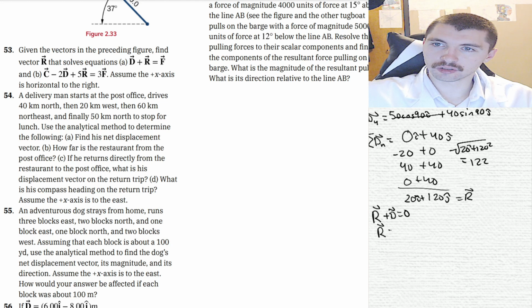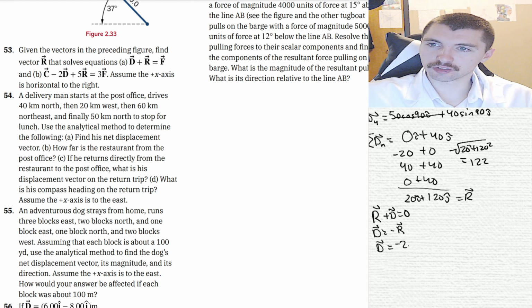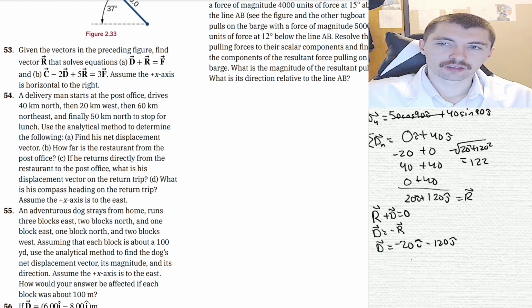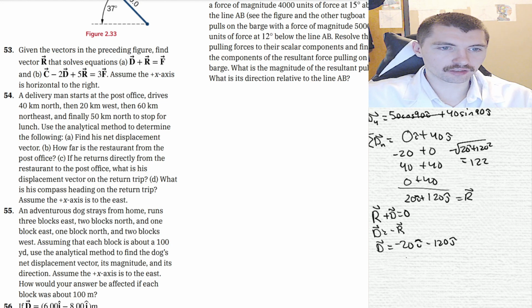So R equals, so D, his return vector is going to be negative i.